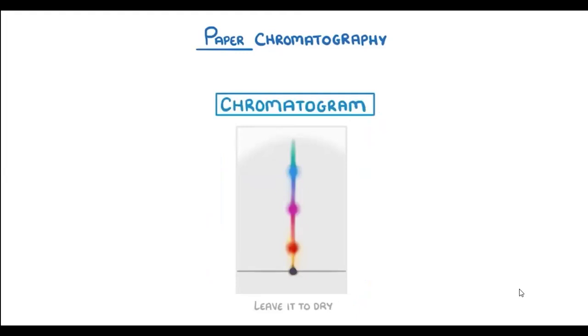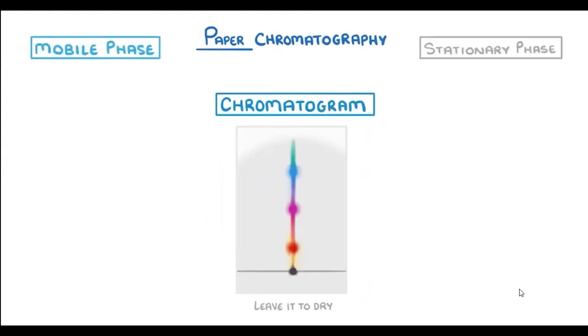Now, to explain why the different chemicals move up the filter paper at different rates, you need to use a couple of weird terms: the mobile phase and the stationary phase. What makes these things odd is you don't want to think of these phases as periods of time, but rather as types of substances. The mobile phase is a substance that the molecules can move in.